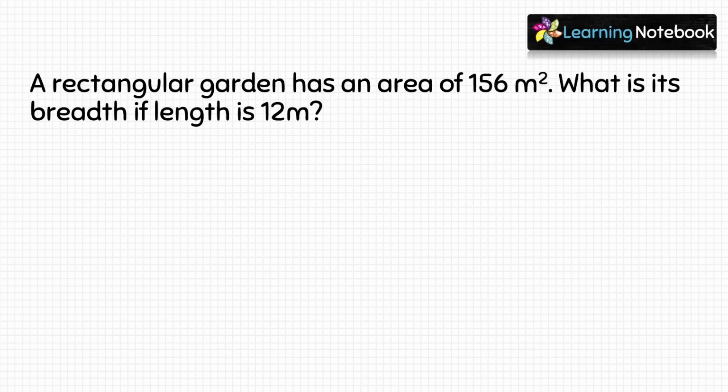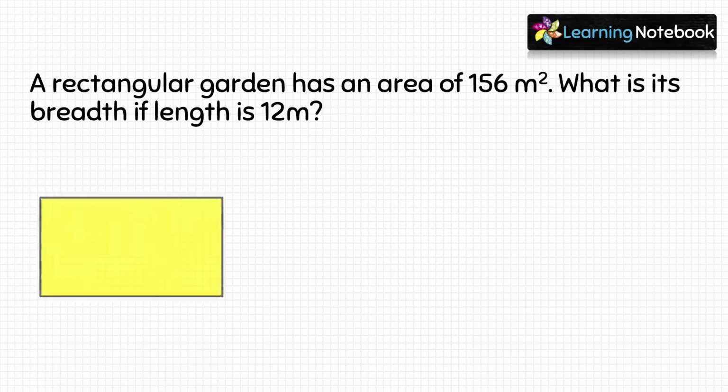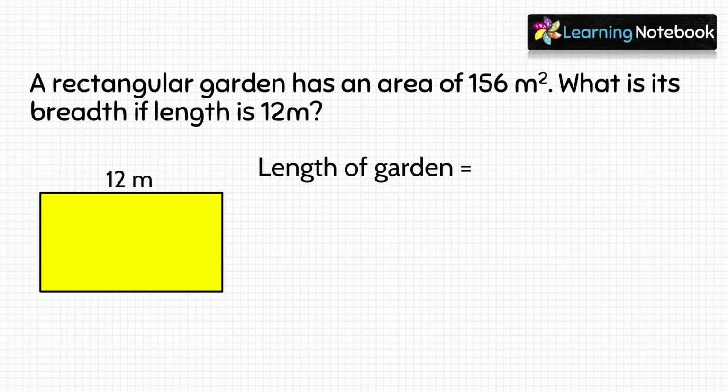Students, let's first understand this question with the help of a figure. Consider this as the rectangular garden and we are given its length as 12 meters and we are also given its area and we have to find its breadth.